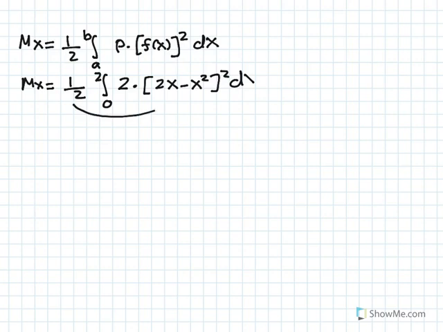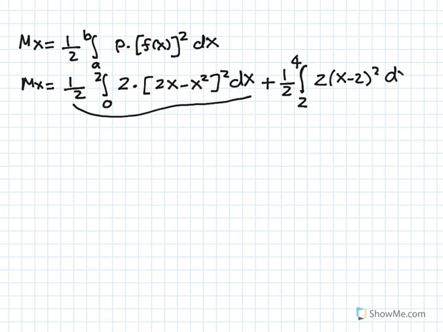All of this is a moment with respect to the x-axis of the parabola. Now we have to add it to the moment with respect to the x-axis of the line. Additivity of moments. 1/2 integral, now integrate from 2 to 4 because the line goes from 2 to 4. The parabola goes from 0 to 2. So there's no x here. Density, which is 2 times x minus 2, all squared, dx.